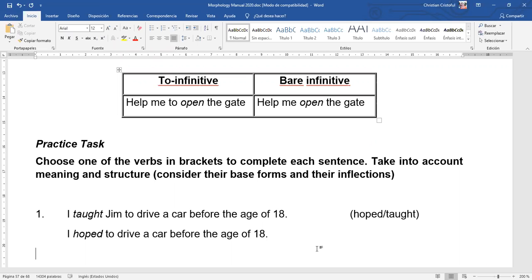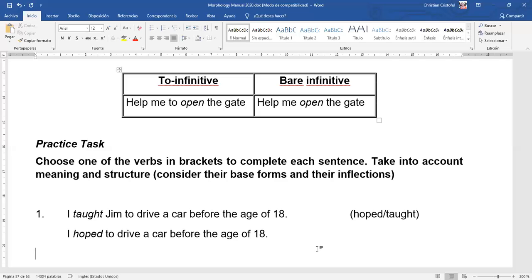Number one says, I got Jim to drive a car before the age of 18, and you have hoped or thought. Which one? You need to use taught, because you don't normally say, I taught to Jim, as we do in Spanish. In Spanish, we say, yo enseñé a, but in English, you say, I teach someone. You don't say, I teach to someone.